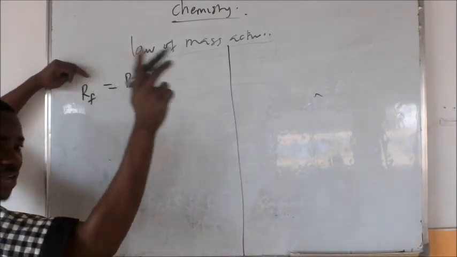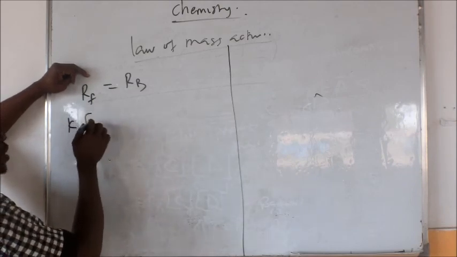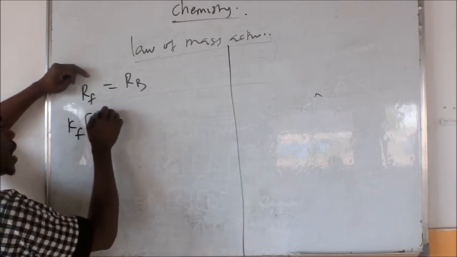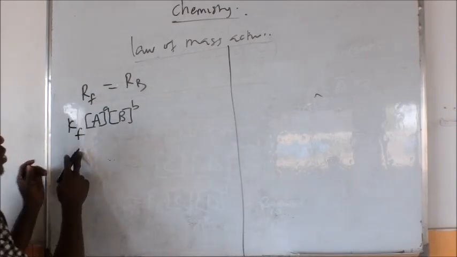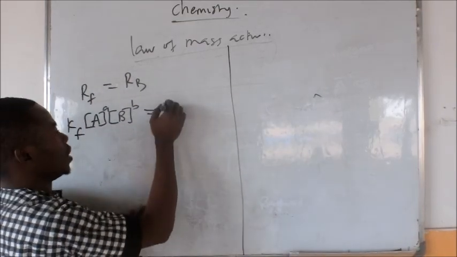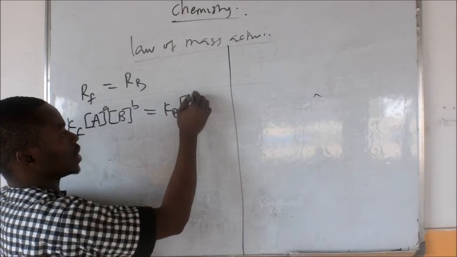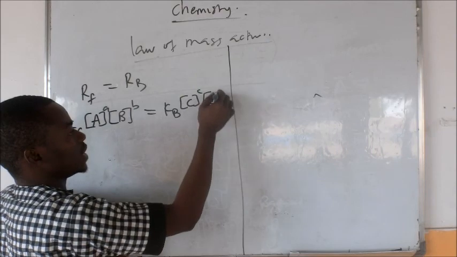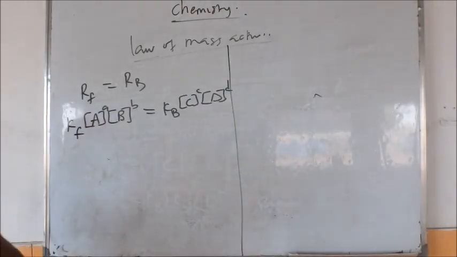What is Rf that we got the other time? It is Kf times bracket A raised to a and B raised to b for forward. For backward, it will be Kb, C raised to c and D raised to d.